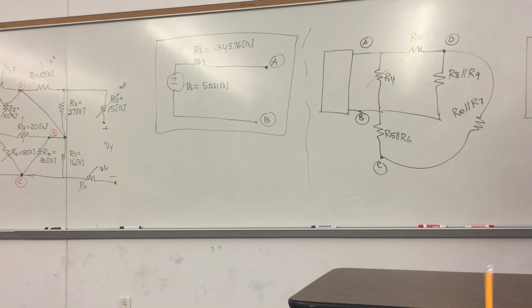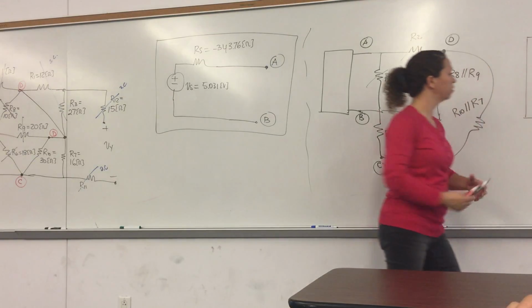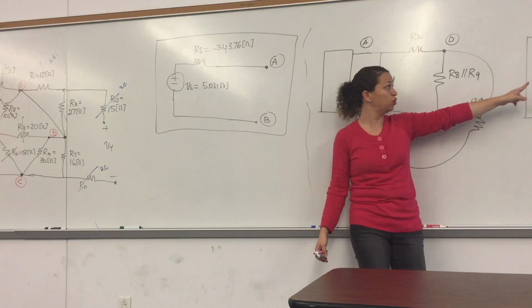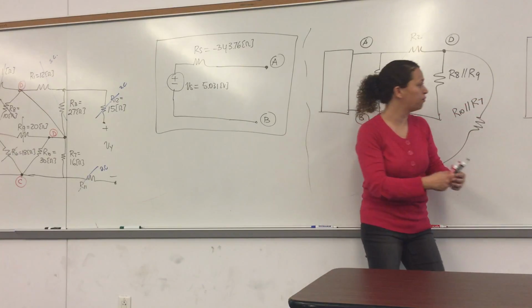Almost done. So if we do one more step, we can find RAB being equal to, so let's give this a name. This says RBD. So what do I have for the final resistance? RBD plus R2 in parallel with R4, right?